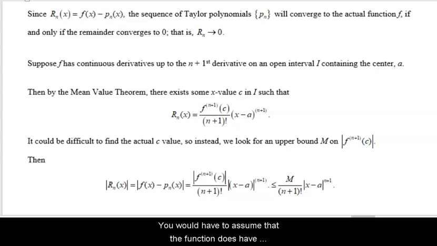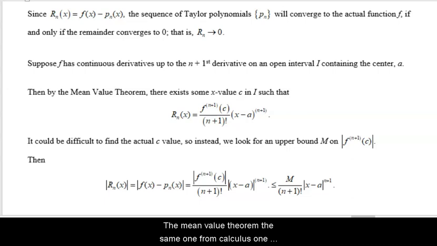You would have to assume that the function does have continuous derivatives up to 1 past the Taylor polynomial that you're going to take. So let's say that you choose to use the 5th Taylor polynomial. Then the function needs to have a continuous derivative up to the 6th, 1 past the 5th, the one you intend to use, on some open interval I about the center x equal a.